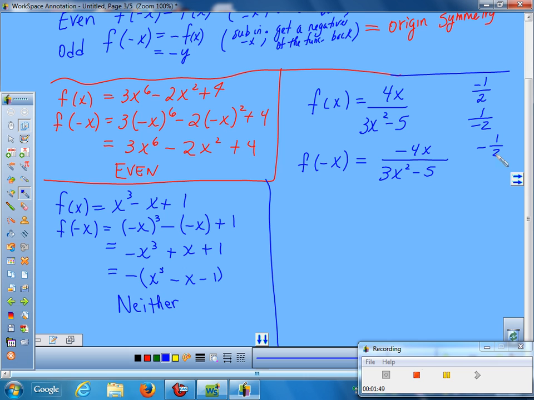So where would I maybe want to put this negative up top? If I would put that out front, then I'll have 4x over 3x squared minus 5, won't I? So therefore I have a negative of my original function. So that's odd. So I can pull the negative out front and have the same thing I started with.